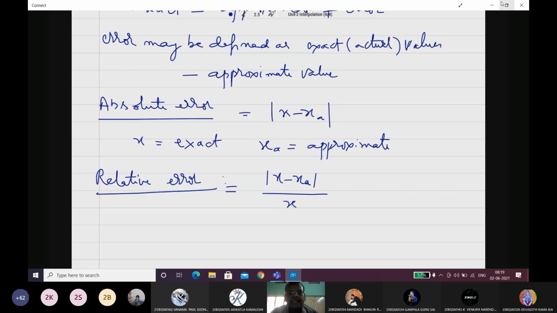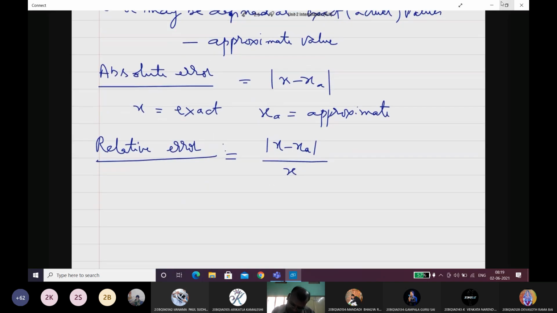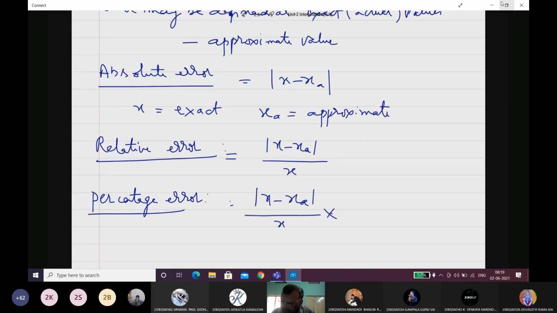And what is percentage error? Percentage error is equal to relative error into 100, that is x minus xa by x into 100. These are some simple errors, and so many errors are there.